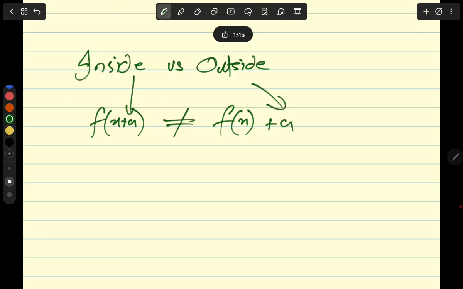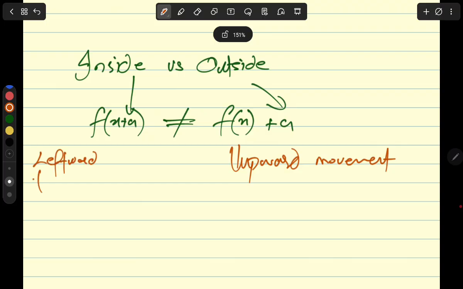These two are clearly not the same, because this one is upward movement if a is positive, upward translation, and this one, sorry, my bad, this is leftward movement or leftward translation.